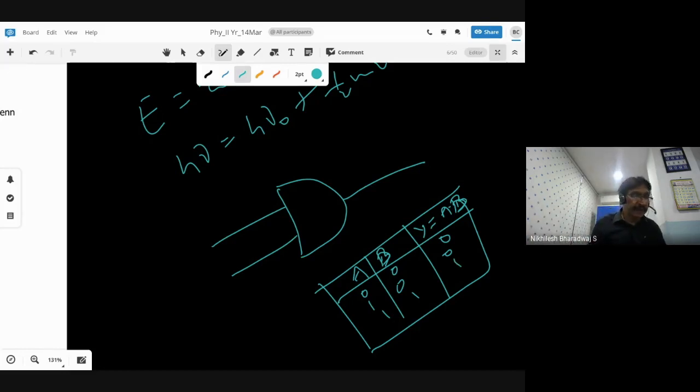Coming back to that, NOR gate, you know that. How to write NOR gate? Symbol.